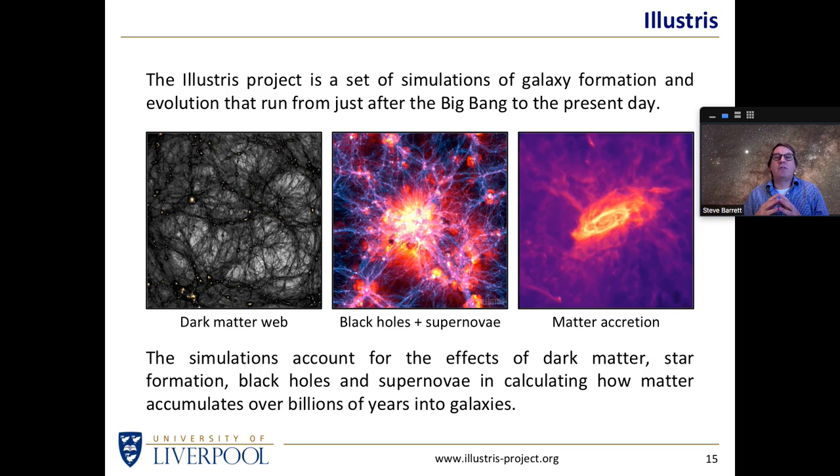So there's a lot of dark matter in the universe, probably more dark matter than there is ordinary matter. And we have to take into account the astrophysics of stars being born, stars dying, black holes being created, and only then will we be able to get an idea of how matter accumulates and accretes into galaxies.